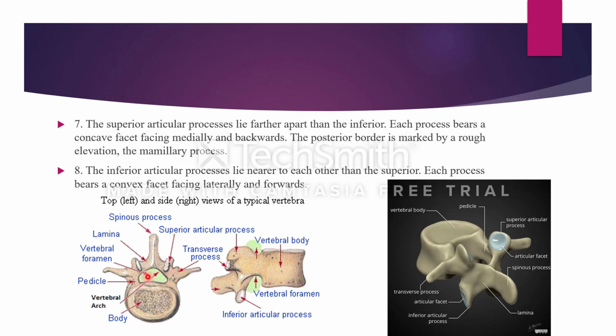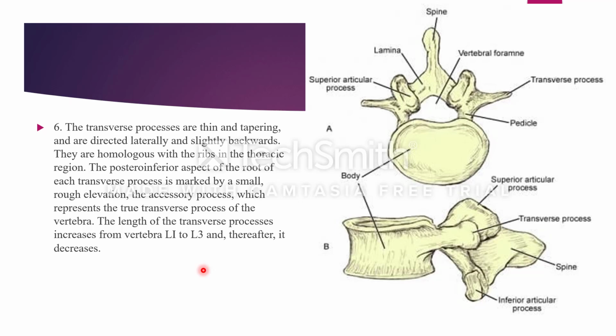The posterior border is marked by a rough elevation. See here, there will be a rough elevation present on the superior articular process, and that elevation is named the mammillary process. So there are two processes: one on the transverse process and one on the superior articular process. The transverse process will have another process which is named the accessory process, and the superior articular processes have the mammillary processes.